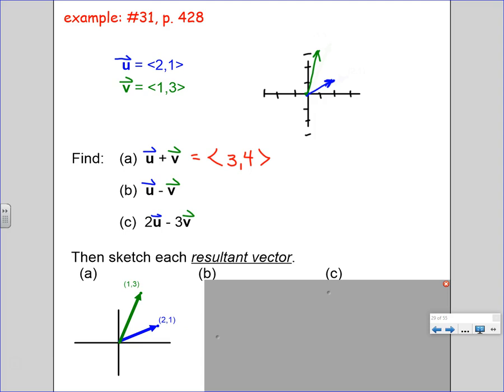Wouldn't I have to take my U and take my V and say, couldn't I technically say, wait, 3, 4, couldn't I just graph that and say, okay, 1-ish, 2-ish, 3-ish, 1-ish, 2-ish, 3-ish, 4-ish. Couldn't I just draw my 3, 4 and say, hey, that's my U plus V?